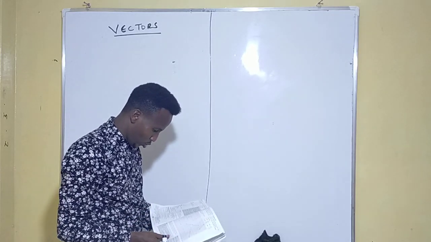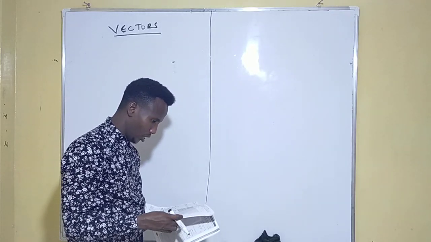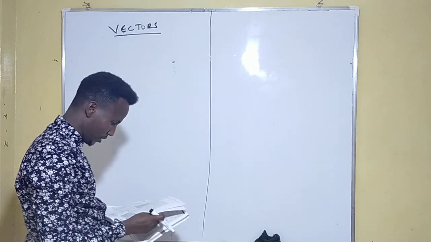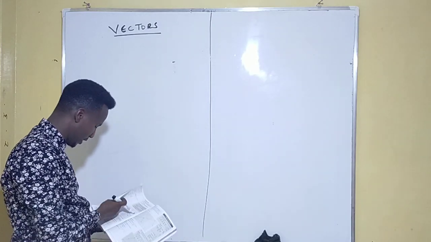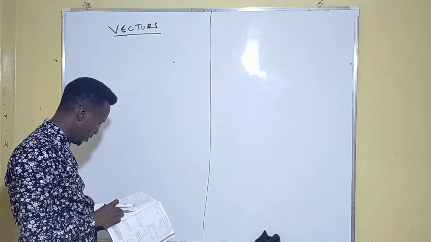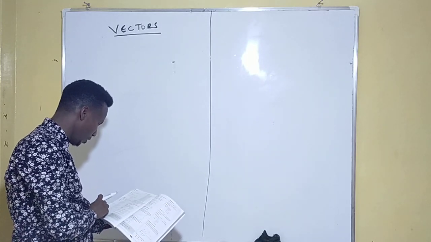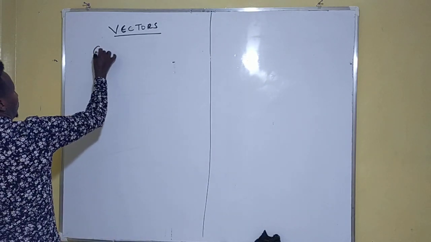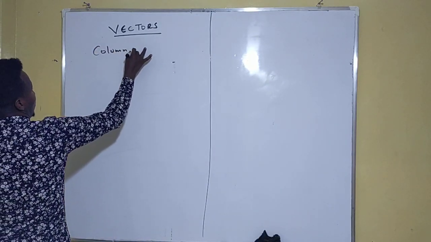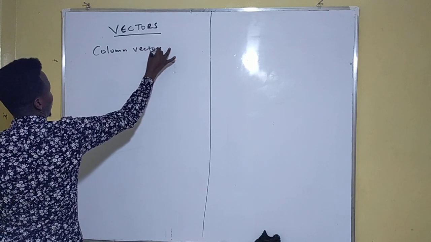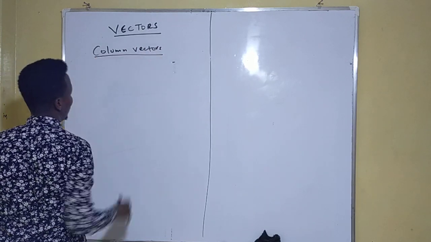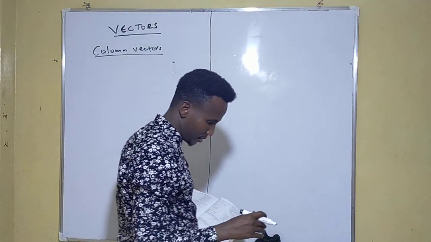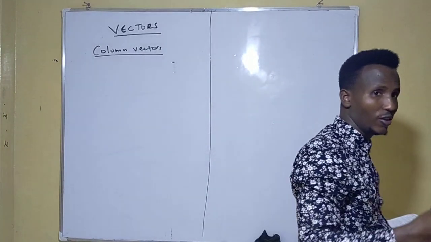Now let's go ahead. We are going to see what we normally call column vectors, and how they work. Vectors can be represented as column vectors, or as a point or a coordinate.